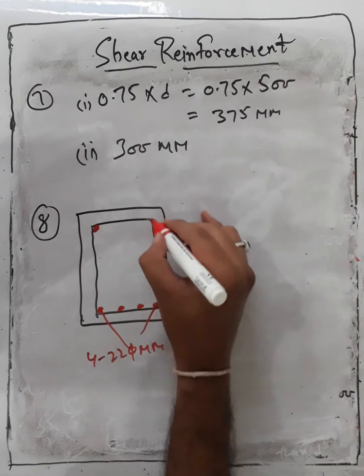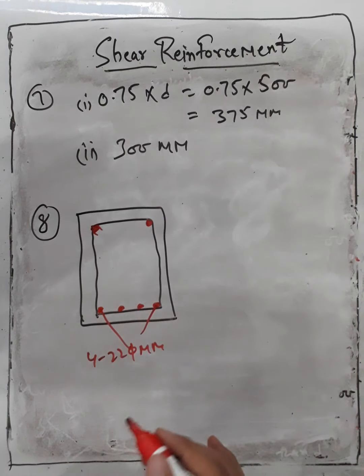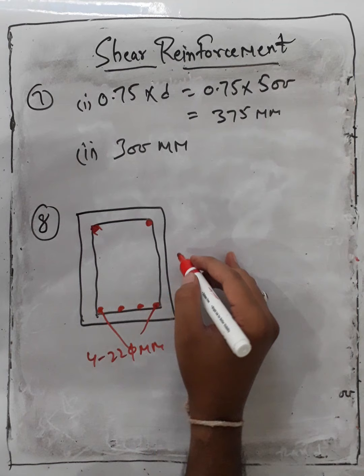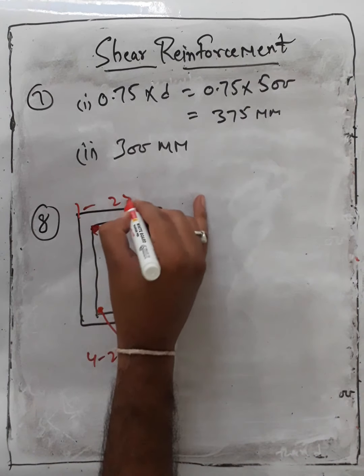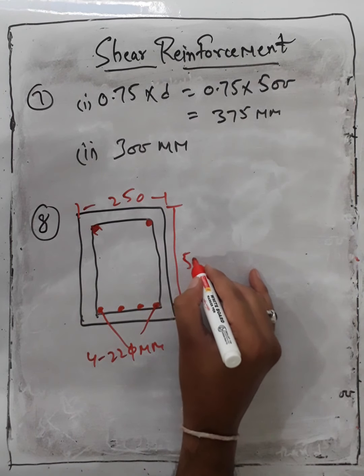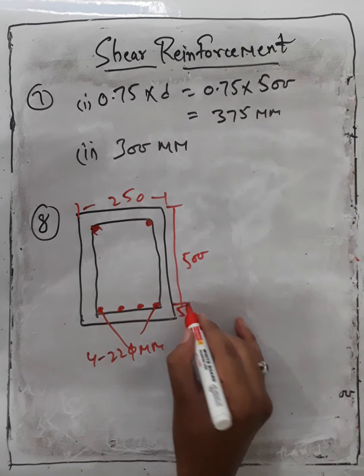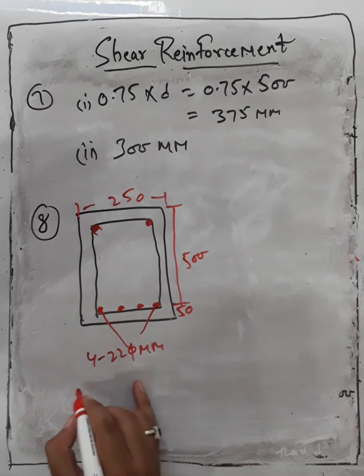Here we provide secondary bars for holding the stirrups. In this cross section, the width is 250, the depth is 500, and we have assumed an effective cover of 50.